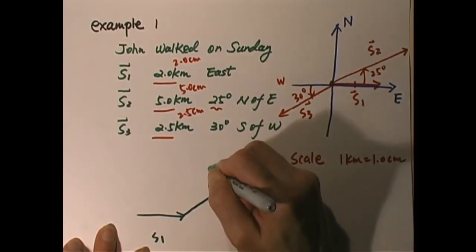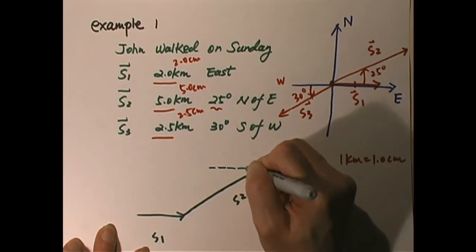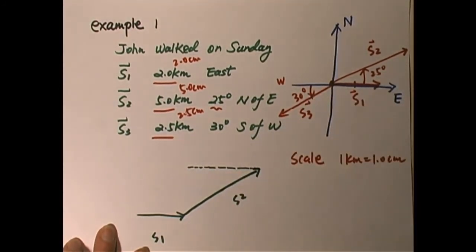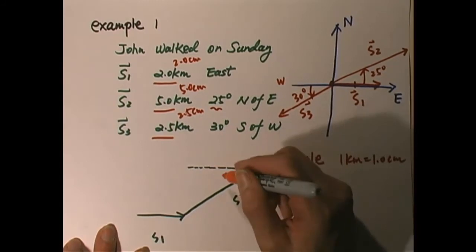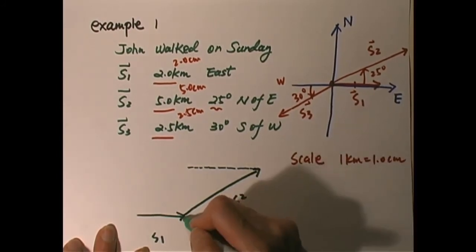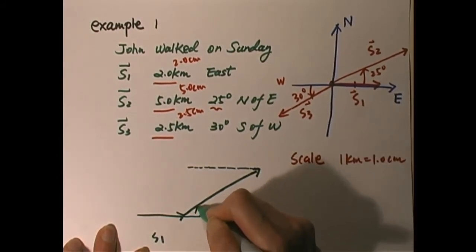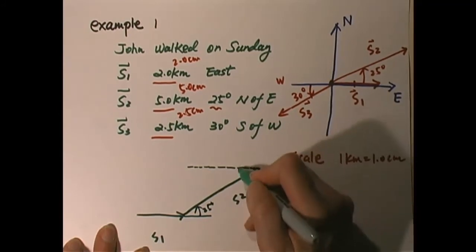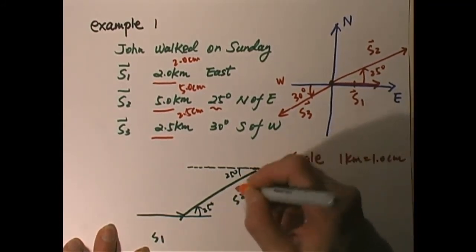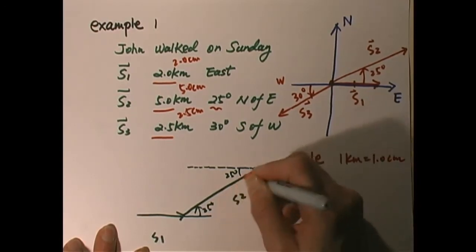Then if this is the east-west reference, John started to walk 30 degrees south of west. So actually he turns around. If this angle is 25, and parallel, this is 25, then 30 degrees will have to make a little bit more turn, like here.